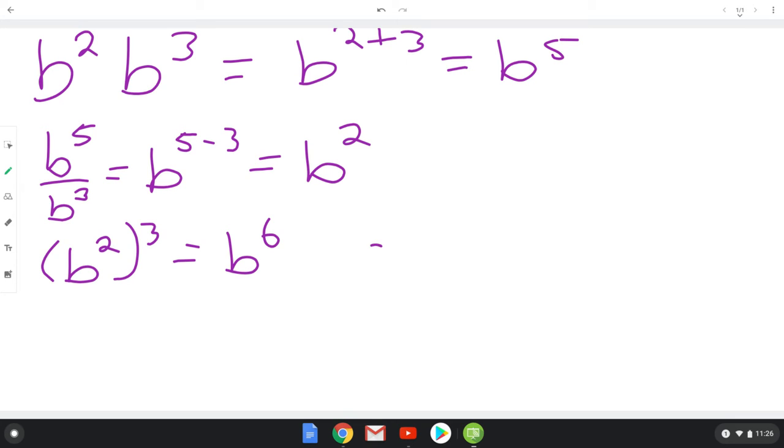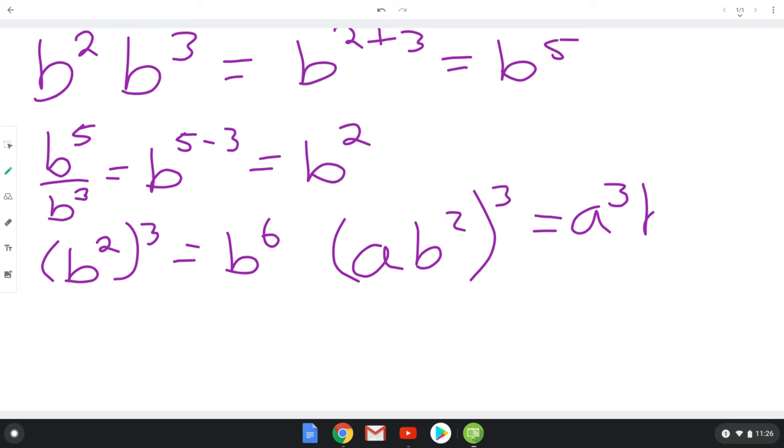And along with that, if I have two things in parentheses, then I have to distribute the power to both of those things. So that's going to be a to the third, b to the sixth, right? I have to distribute that power. These are related, but just a little bit more applications.